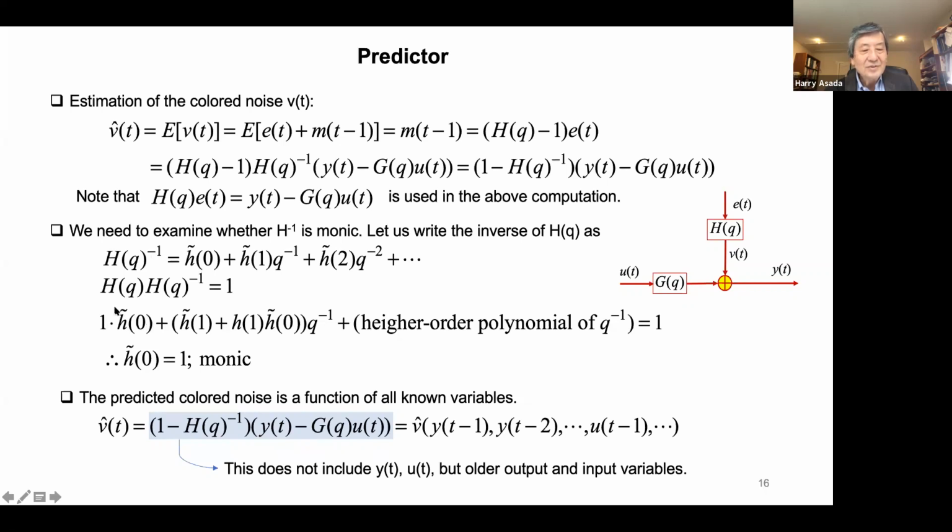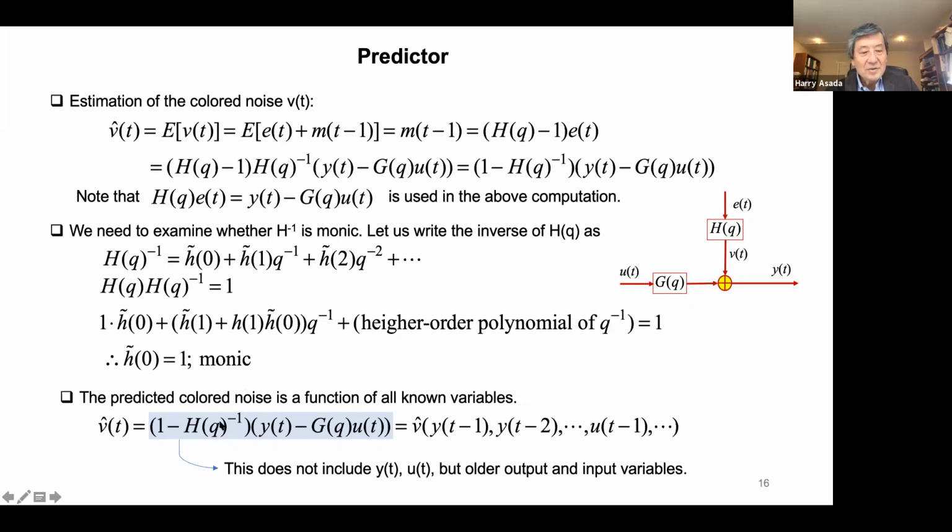The product of these two alone is involved in the constant terms. This must be 1, otherwise this cannot hold. So we can conclude that h0 there is 1. That says that if H is monic, then H inverse is monic.